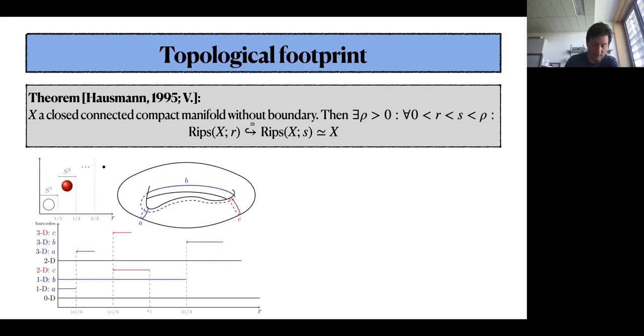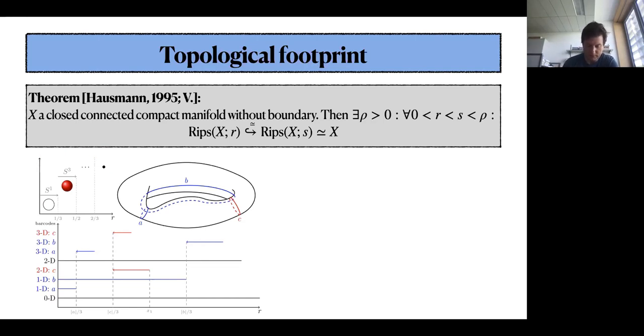On the bottom, we have part of the persistence diagram of a Rips complex built upon this torus. Through consecutive slides, we will explain more and more of these barcodes. We'll explain this part in maybe 5 minutes.